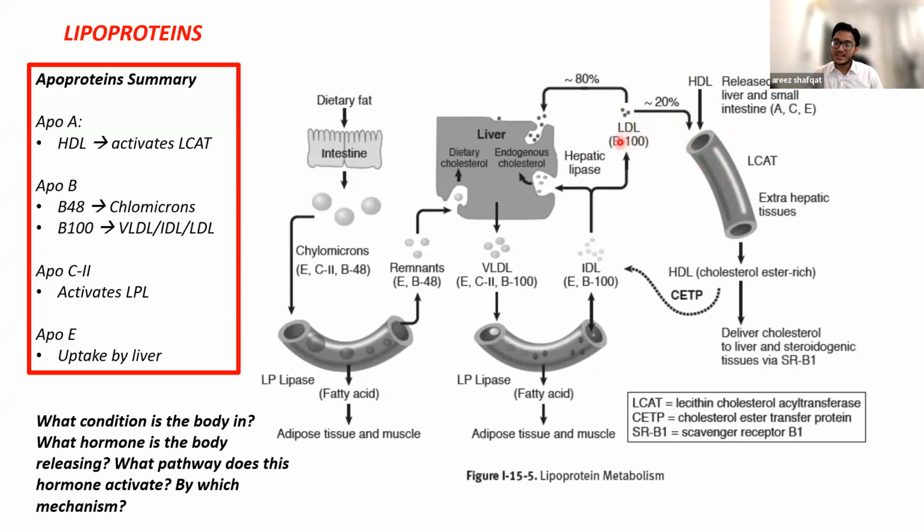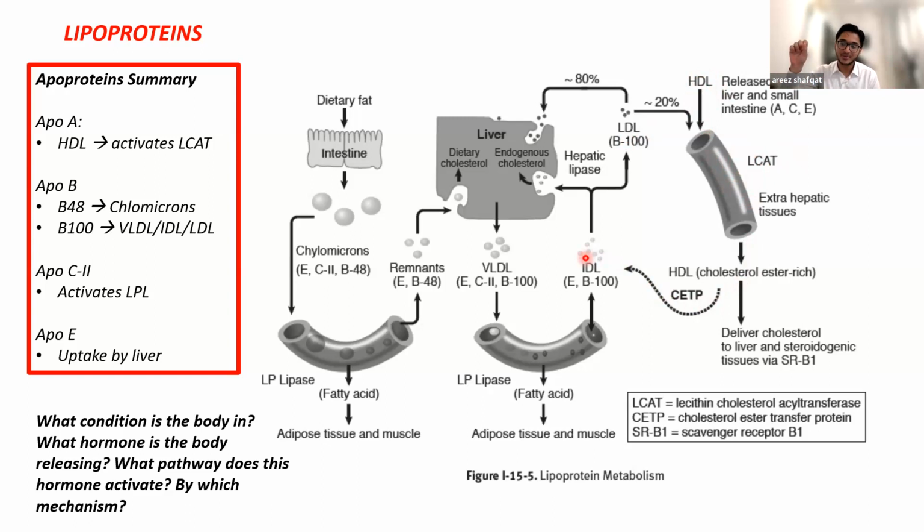Now LDL, because of its B100 and LDL receptor, it deposits cholesterol into peripheral tissues. HDL picks up this cholesterol in peripheral tissues and through an enzyme called LCAT, deposits it in the form of cholesterol esters within HDL, and then takes it back to the liver, okay? So that's why HDL is considered good cholesterol.